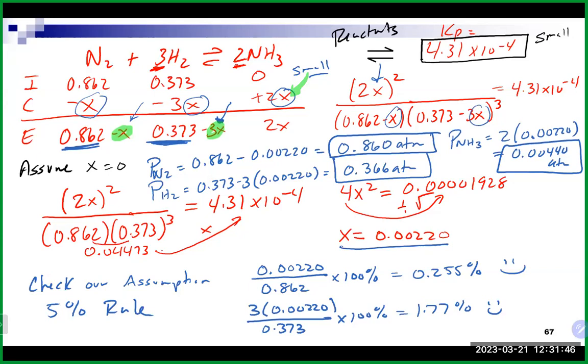You basically put the X values in for everything but the top guy, and then you solve for X. And if they don't equal each other, whatever X you got, you put it back in and do the same thing until you put it in and what you get out are the same. So we will not do successive approximation in here. The toughest it will be is the quadratic, but in some books and stuff like that, people still do that successive approximation, and that's the idea behind that.